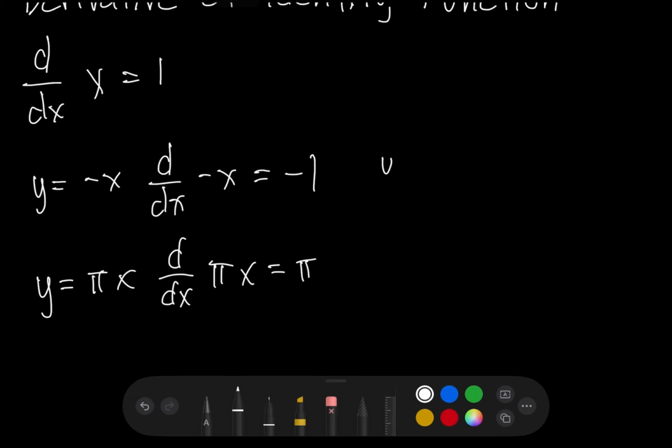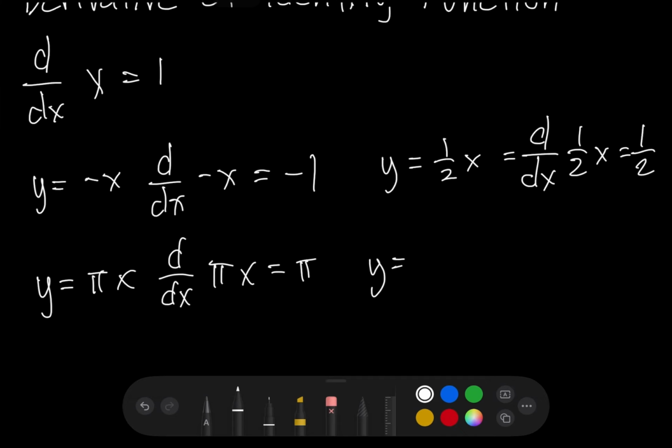So, another example, we have 1 half x. d dx of 1 half x is just equal to its coefficient, 1 half. Same thing goes if we have square root of 6 x.